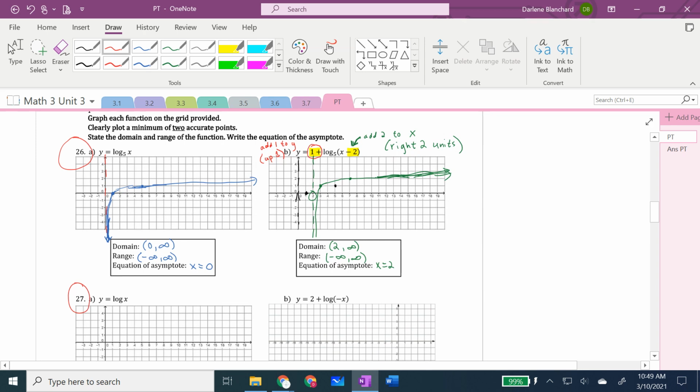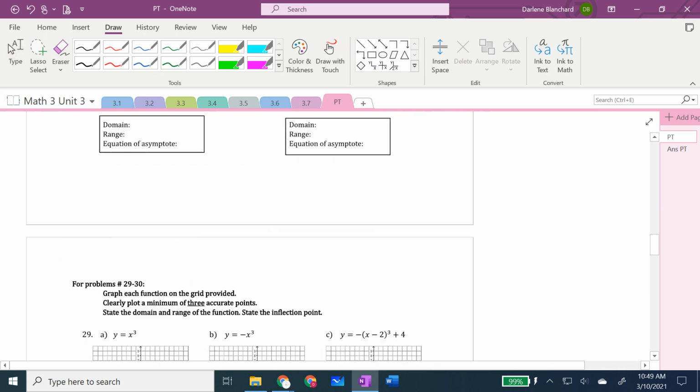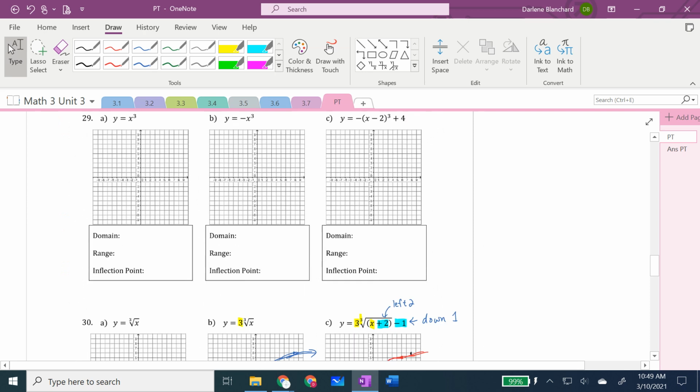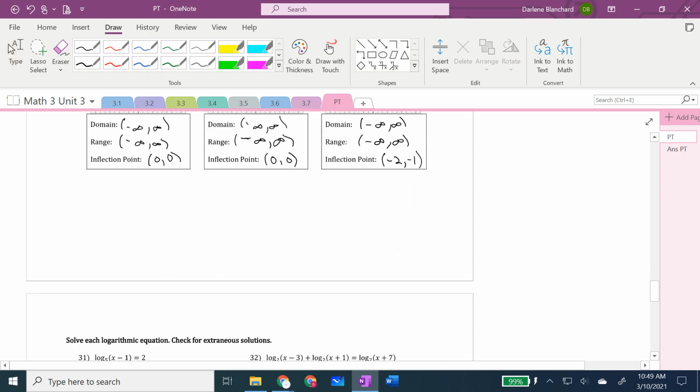You will only be asked to graph a logarithm and its transformations with a base greater than 1. Then x cubed and cube root x, so 3 graphs altogether with their transformations.